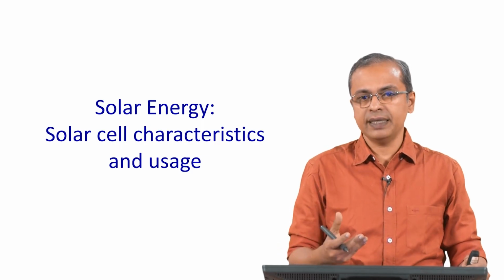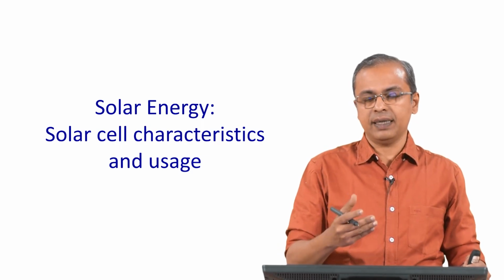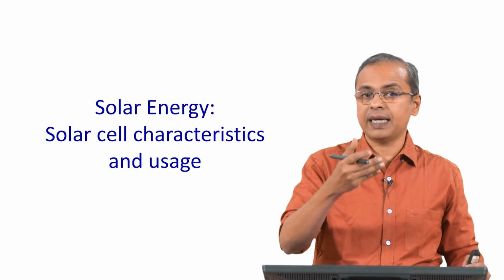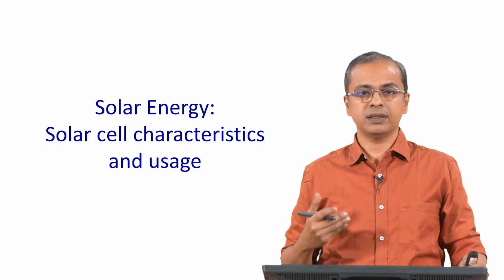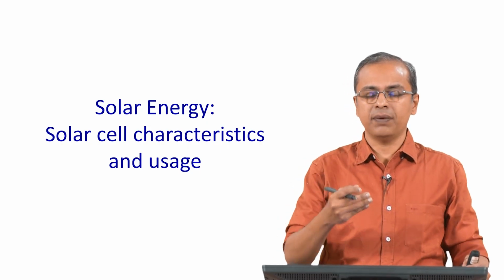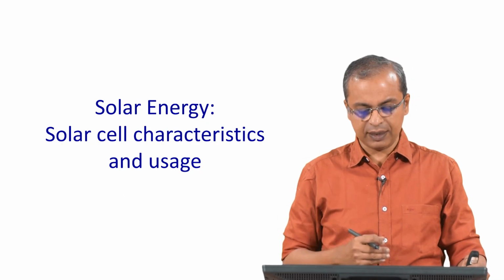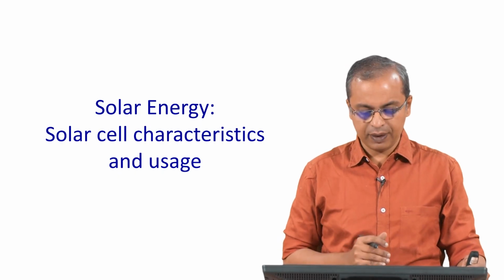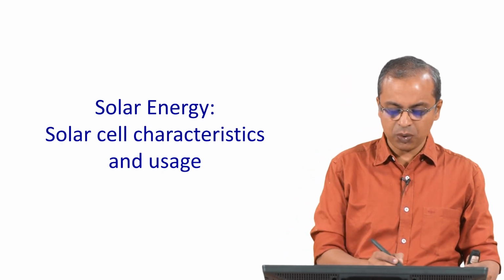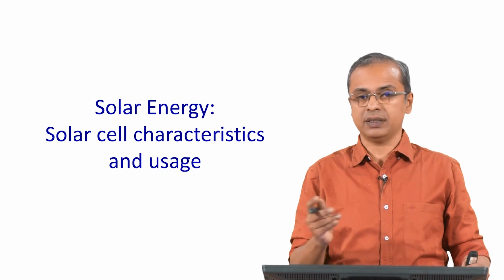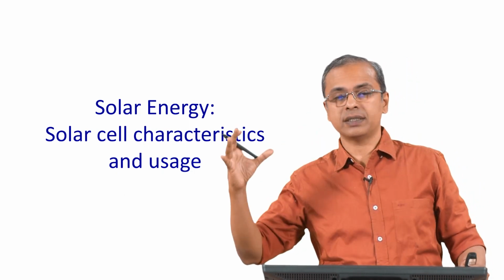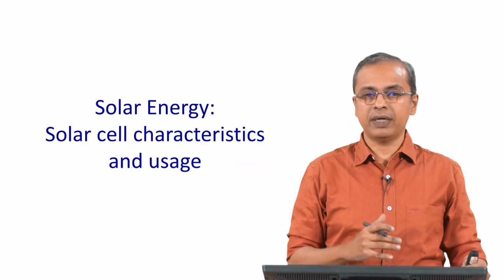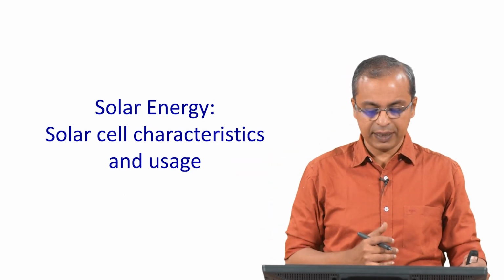So, we are going to try and see, given that these are the characteristics of the inherent junction, what you are likely to see in the external circuit, and what are some ideas associated with that. That is what I mean by solar cell characteristics and usage. In terms of usage also, we have to understand what the implications are.